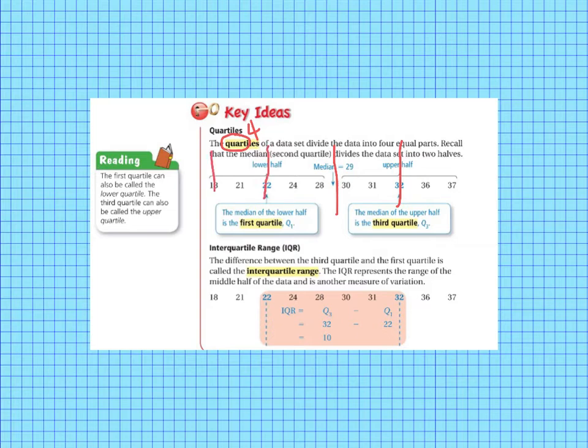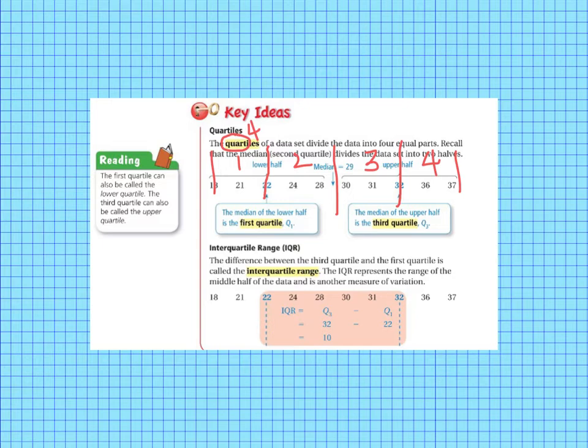So you can see that that divides the data into 4 equal parts, like so. Be sure this makes it into your math notebook in the key idea. And there are 2 pages for key ideas for this one slide.